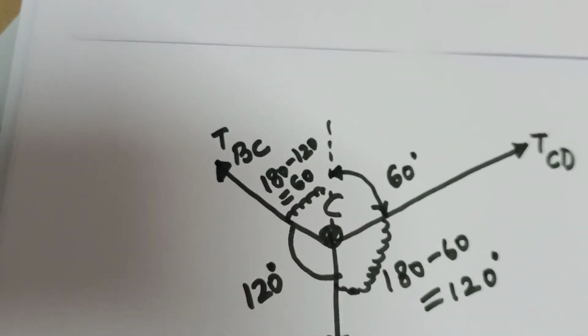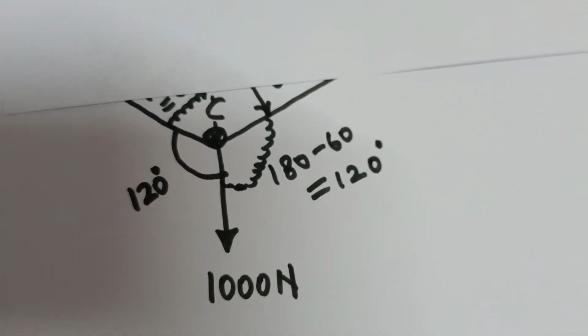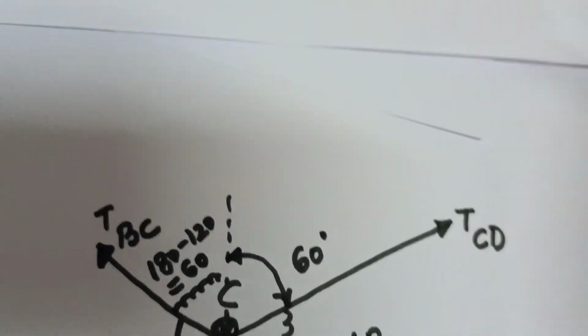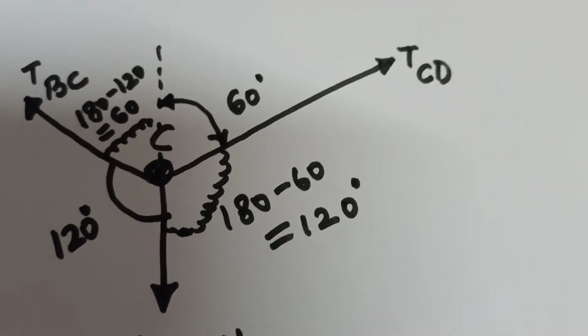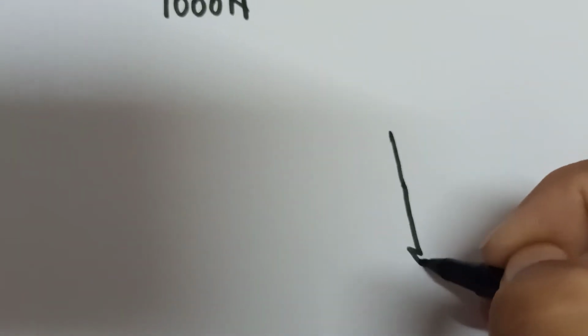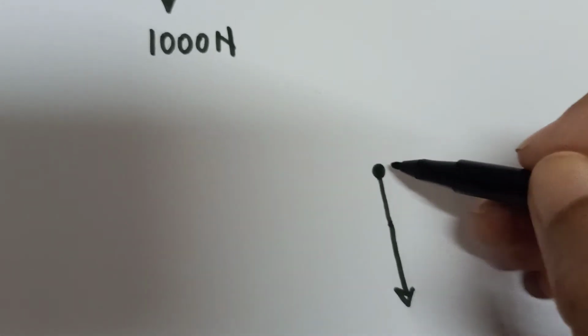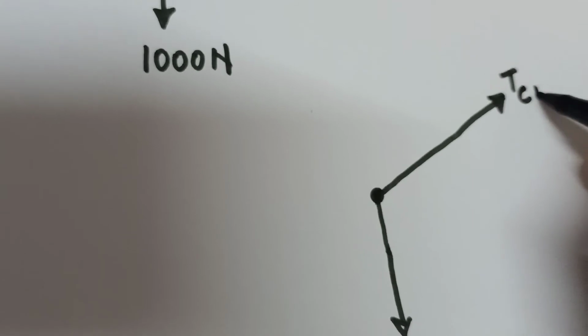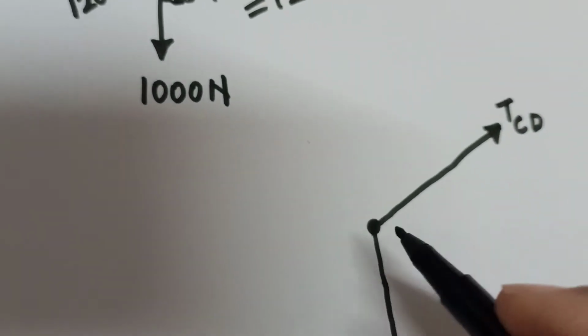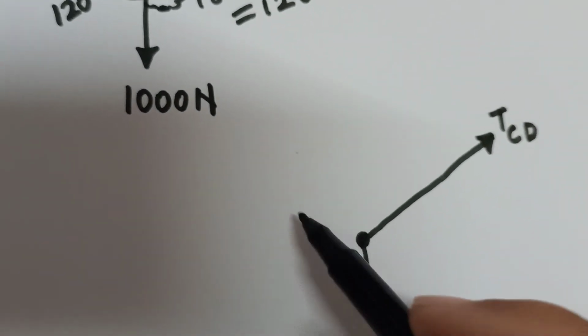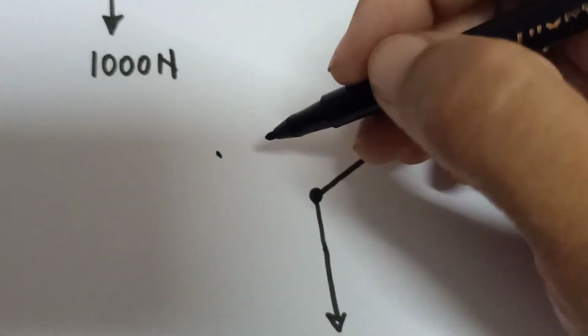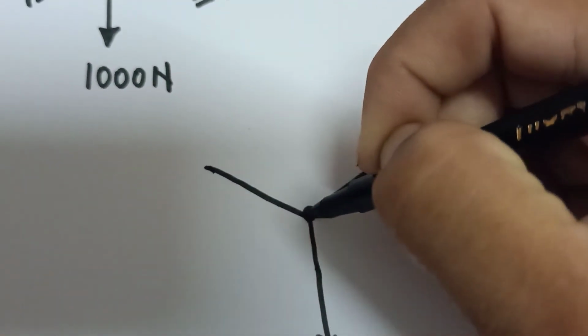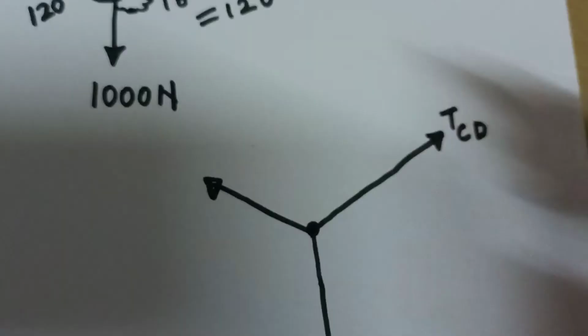Okay, so now if I want to draw a diagram, what will be my diagram? The diagram will be, this is point C. This is string CD having tension, and this is string BC, so we can show string TBC.